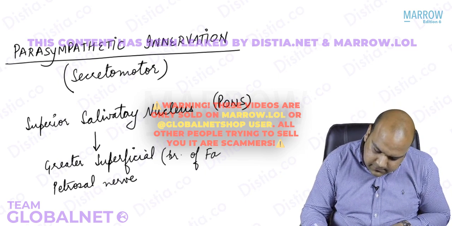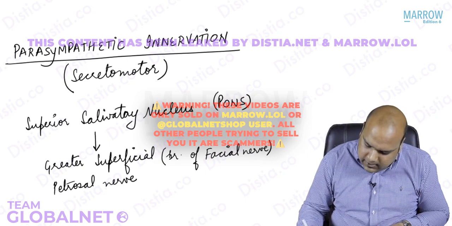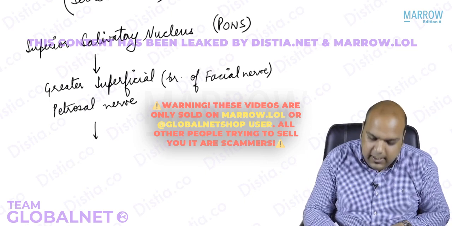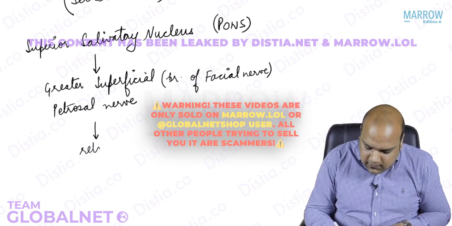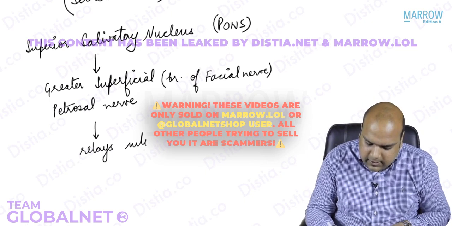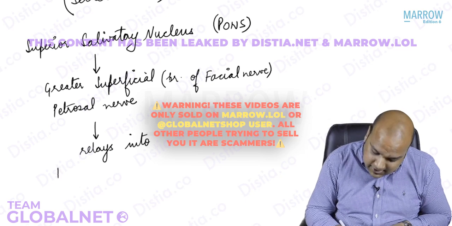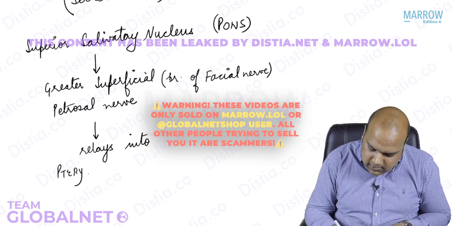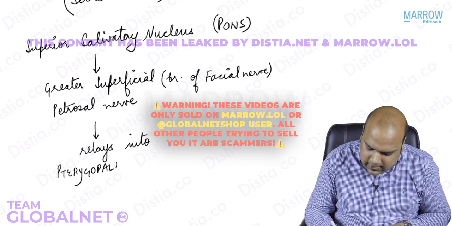Very good. From here, this preganglionic nerve will relay into the ganglion. What is the name of the ganglion, everybody? Secretomotor we are talking about, relays into, yes, pterygopalatine ganglion.